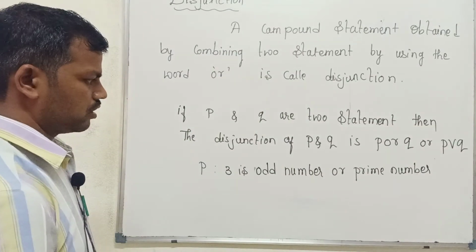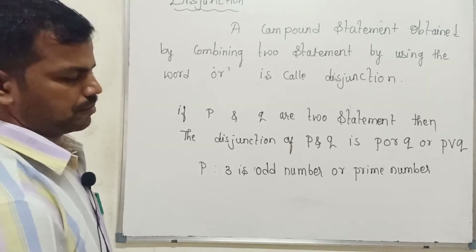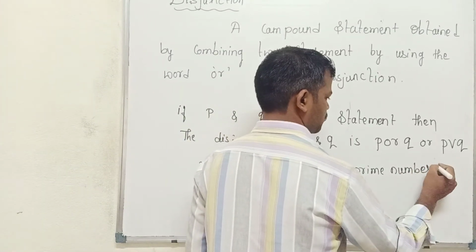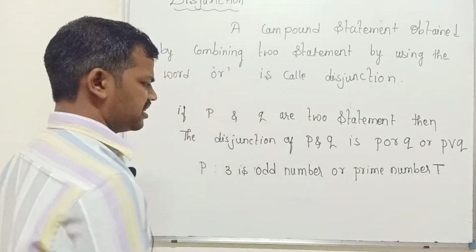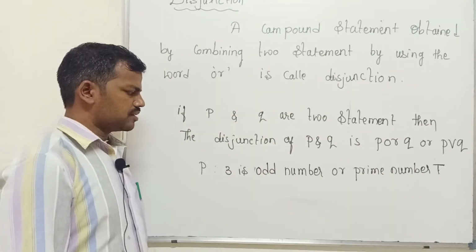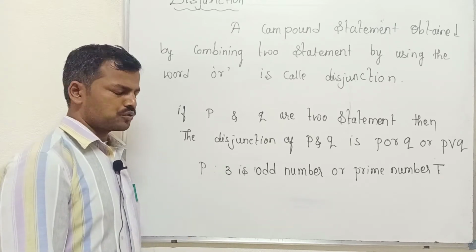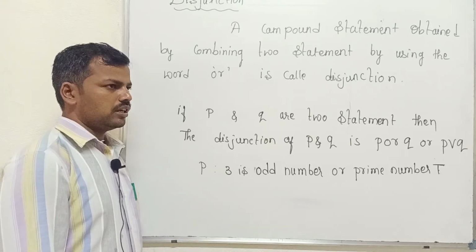So 3 is an odd number or a prime number. So it is a true statement. From this it is clear that a compound statement is true if any one of them is true.